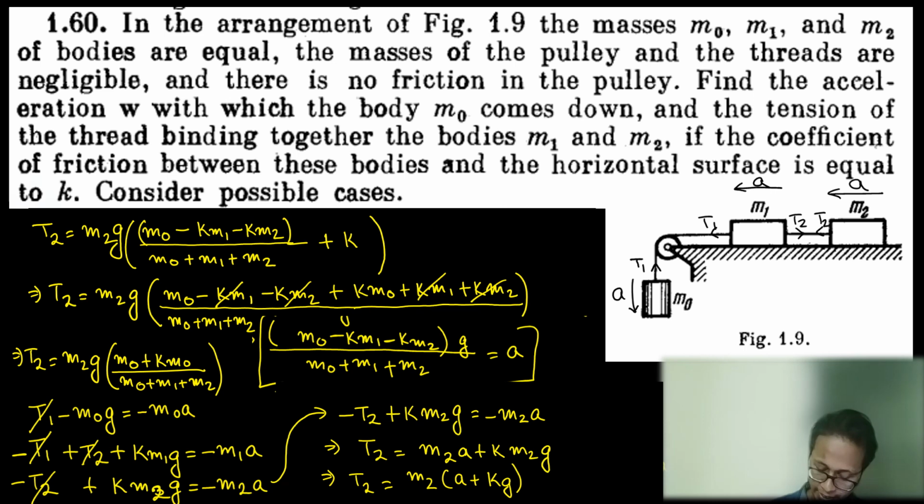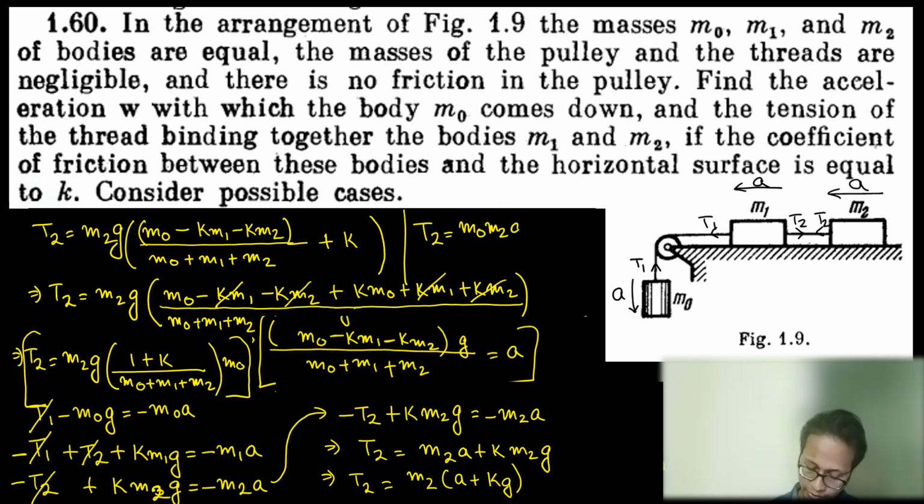I'm taking m0 common, so we get (1 plus k) into m0. So this is the value of tension 2. T2 is equal to m0 m2 g into (1 plus k) divided by (m0 plus m1 plus m2). This is the final answer.